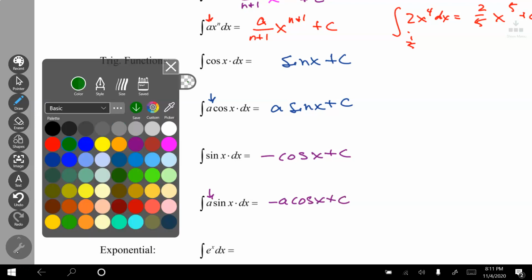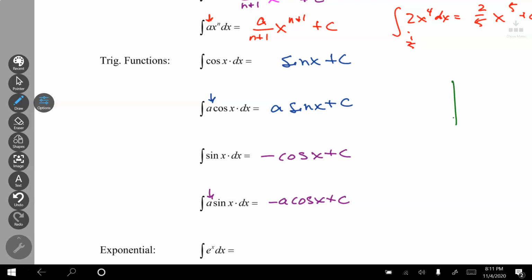Let's talk about what it looks like. Let's draw our little unit circle. That's my unit circle. And when I go clockwise, these are all the derivatives. Okay?